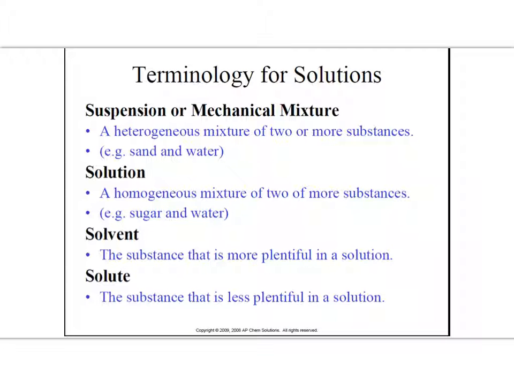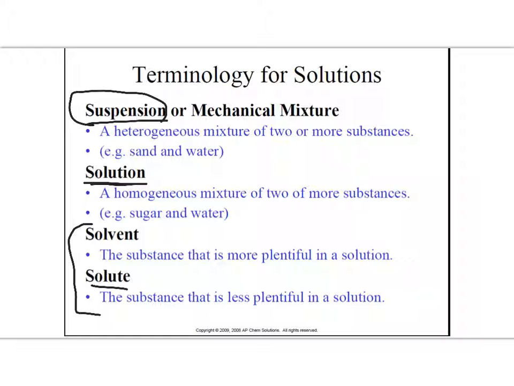Okay, to start out with, we've just got some terminology here, some basic things about solutions. So we'll talk about this, right? Suspension, or a mechanical mixture, really we'll refer to it as a suspension. We've got a solution, and then the two parts that make up a solution, right? The solvent, which is the substance that is more plentiful, and the solute, which is the substance that is less plentiful.